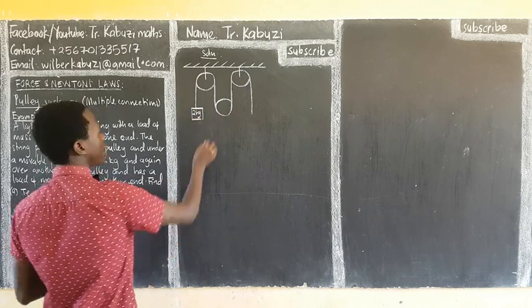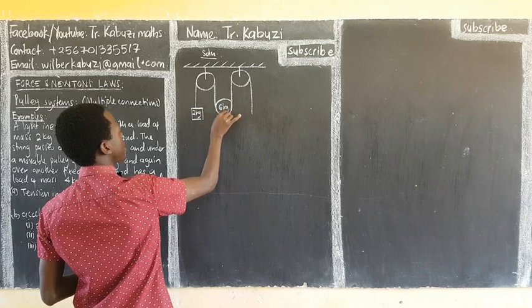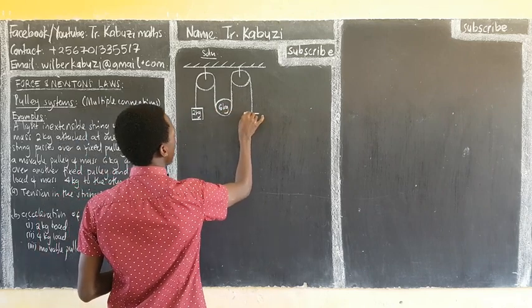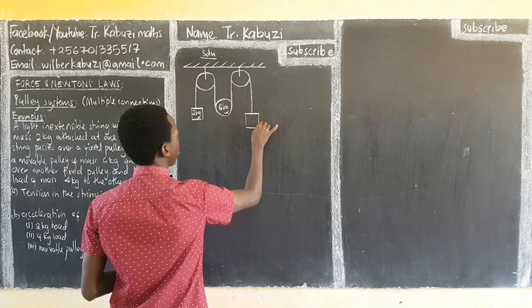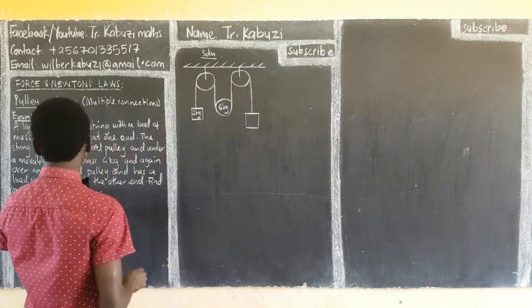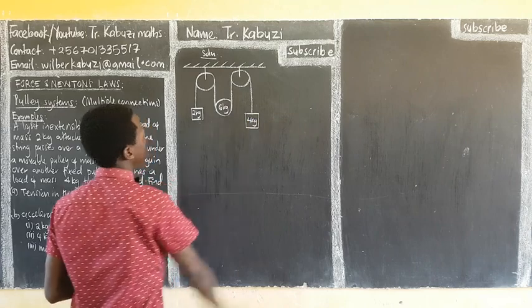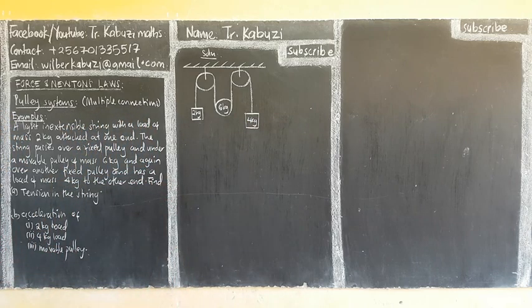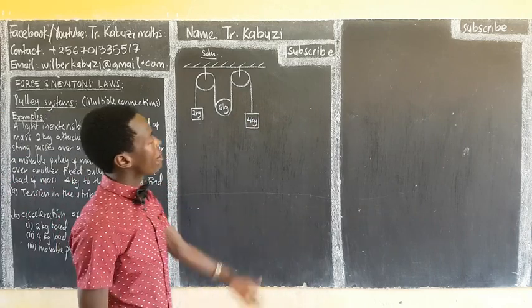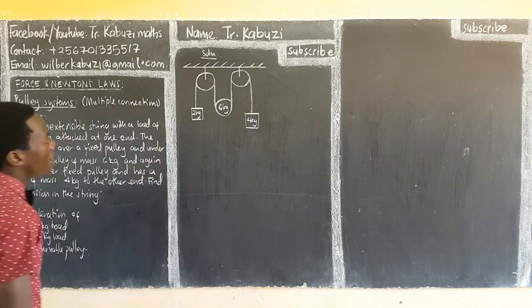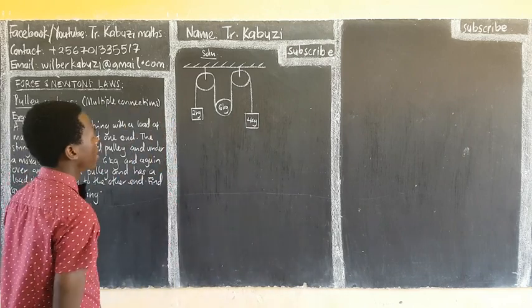This movable pulley is of 6 kilograms. Then this side is carrying a weight of 4 kilograms. And then the last through with the sketch. Then the rest is just substitute in our things and do the question.